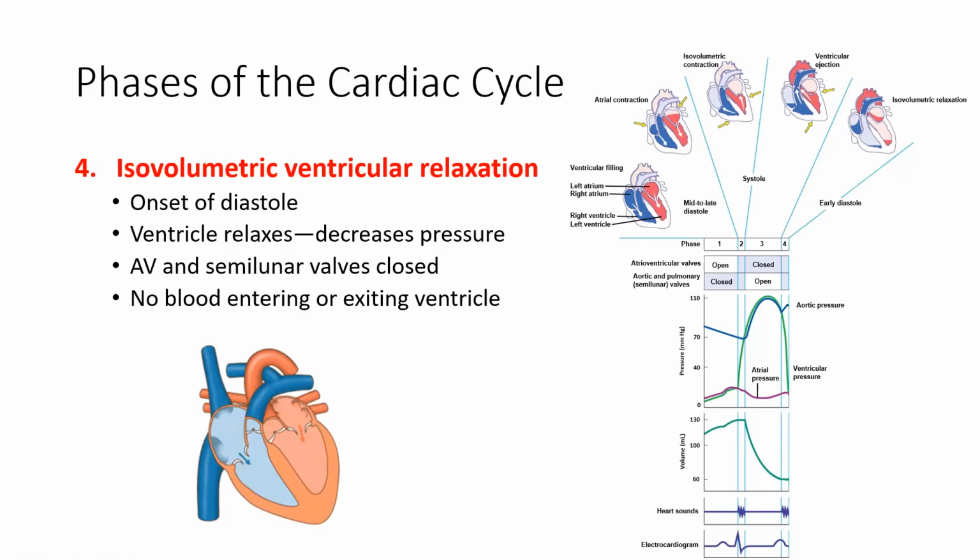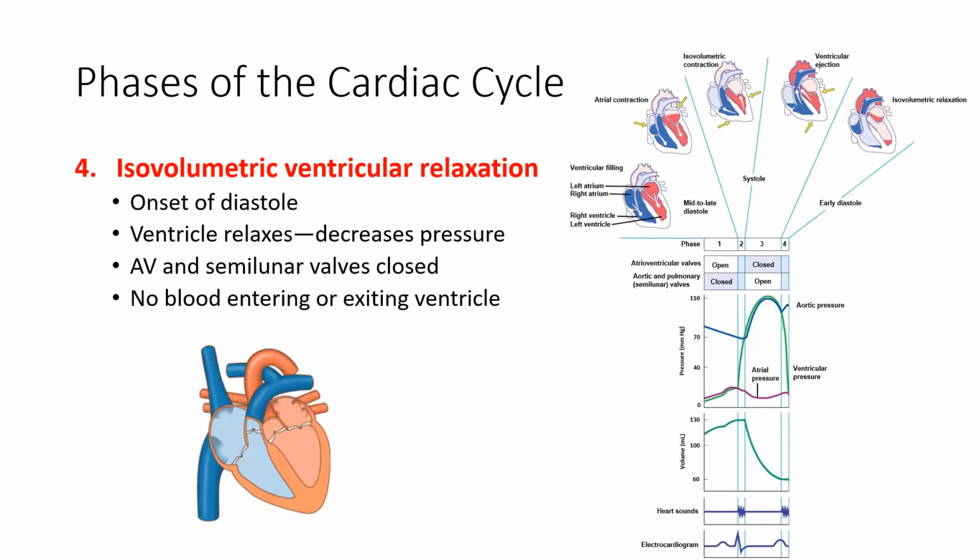And so the AV and semilunar valves are completely closed here once again. And I'll explain why both valves are closed. Remember, valves only open when the pressure in the preceding chamber is higher than the pressure in the subsequent chamber. And so both valves are closed here because the pressure is falling.